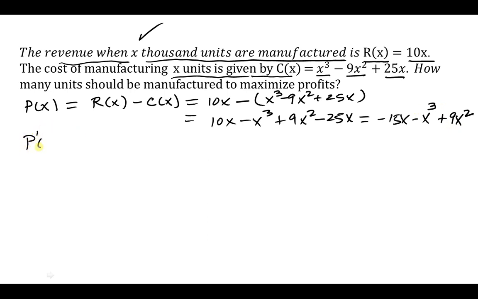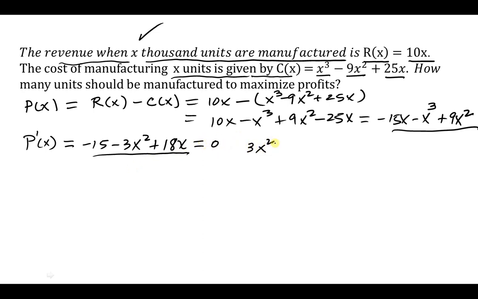So now we want to take the first derivative of P and find the critical values. The first derivative of P is going to be minus 15 minus 3x squared plus 18x, and we're going to set this equal to 0. Turning this around and multiplying P prime by minus 1, we get 3x squared minus 18x plus 15 equals 0.